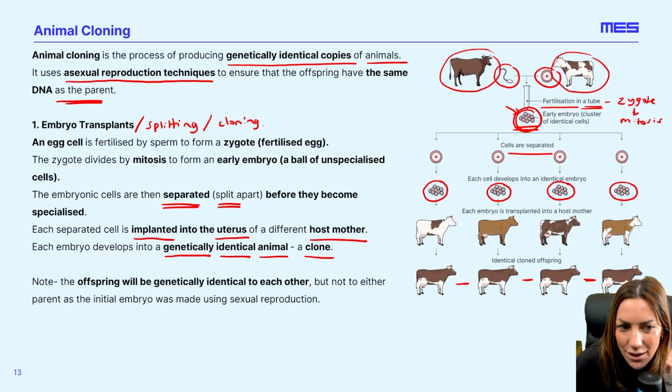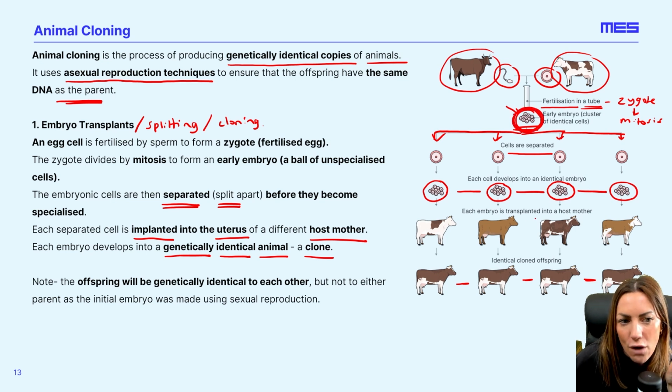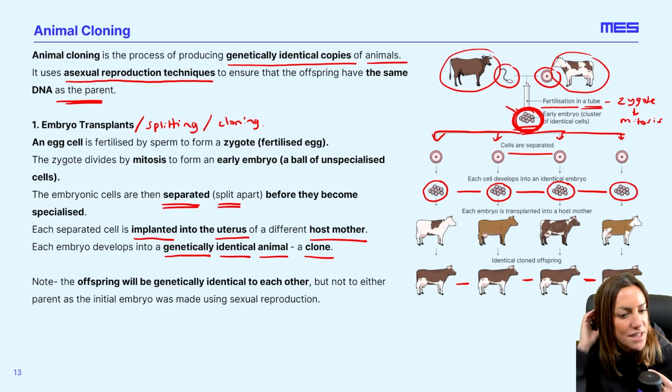But then we use asexual reproduction because we split the embryo into separate cells and create 4 embryos in this case from one embryo. So these embryos will be identical to each other because they all came from this early embryo, but the offspring are not going to be identical to either parent because they actually have a mixture of DNA from 2 parents.